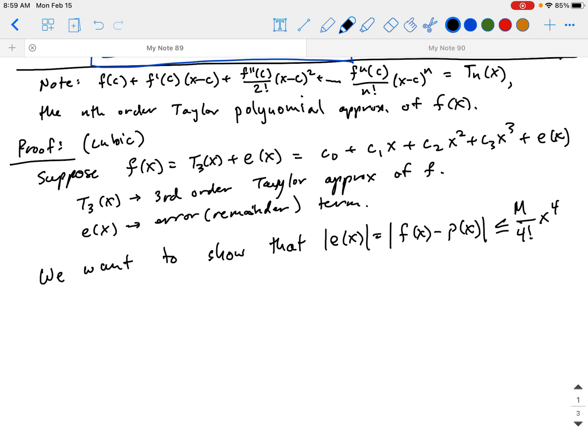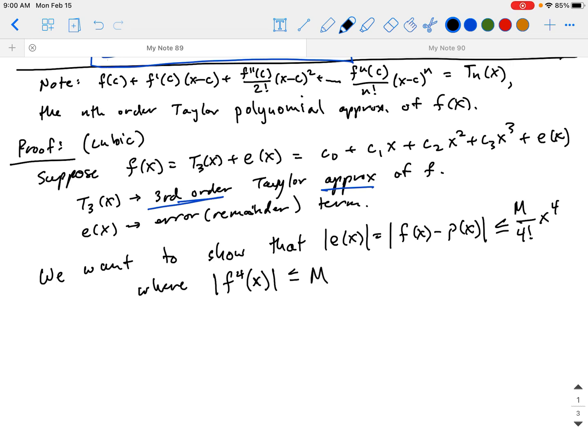So we want to show that our error is going to be less than or equal to the fourth order term, since we have a third order Taylor polynomial approximation. So we want this to be one order larger, where this m value is coming from the absolute value of the fourth derivative of f.